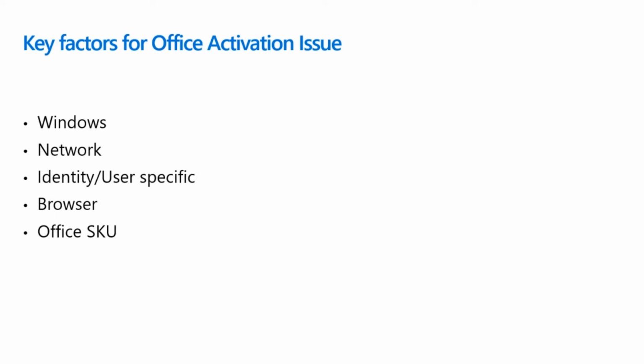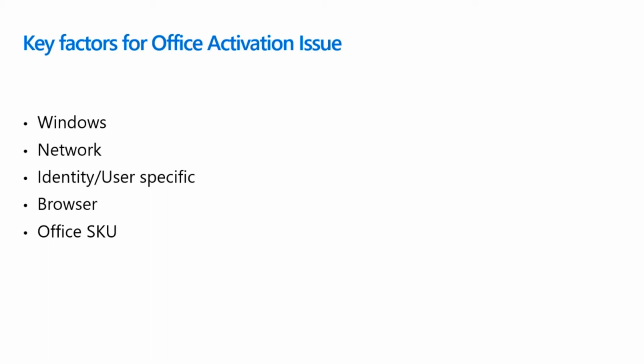So coming to the key factors of Office activation issues. First thing would be Windows. We always check if the issue is build specific or profile specific, because we want to make sure that the Windows build or operating system is not causing a hindrance with the activation.